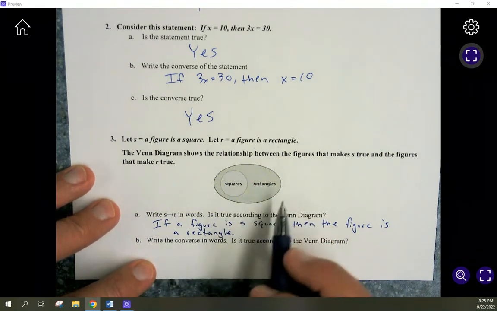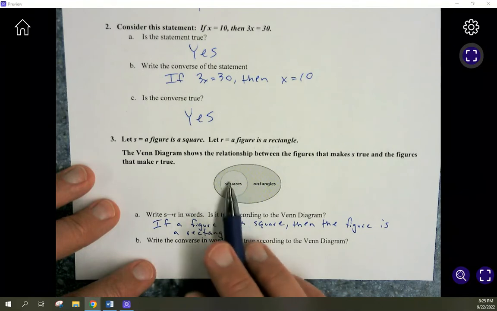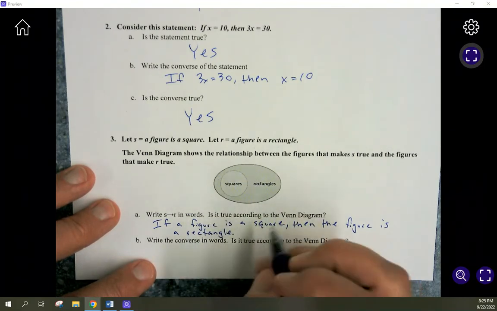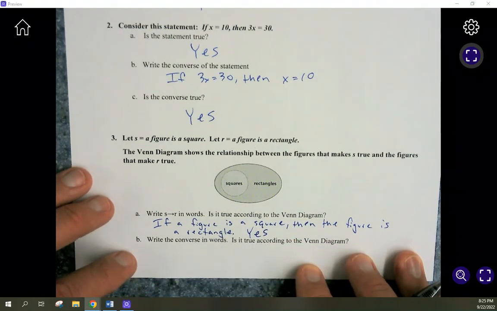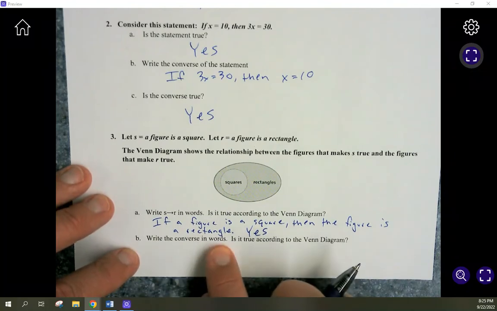According to the Venn diagram, is this true? If you have something inside the squares portion here, is it inside the rectangle portion? Yes. If a figure is a square, it is a rectangle. That's true.